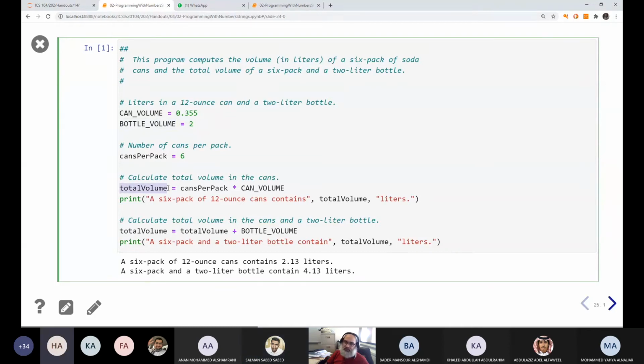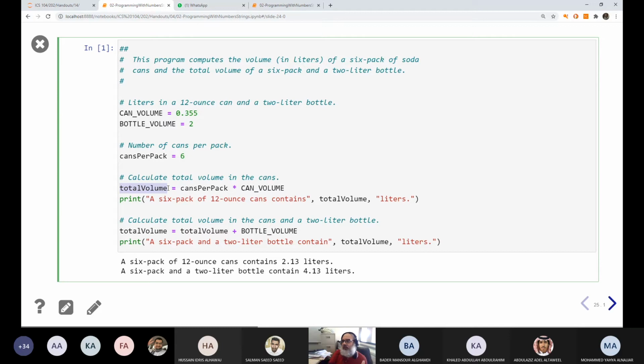For the cans per pack, it's a constant, but he did not use it. Well, this is debatable, just like he set the can volume and the bottle volume as constants. Well, why didn't you set the cans per pack as a constant? This is debatable, but as I said, I gave justification. You might have more than one type of pack.